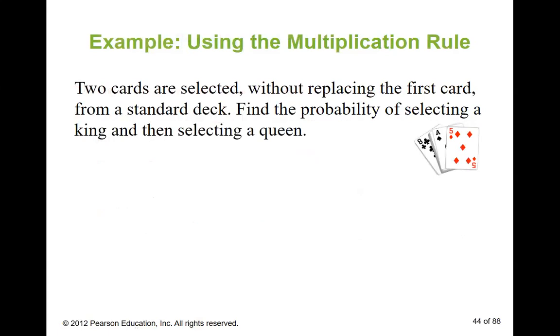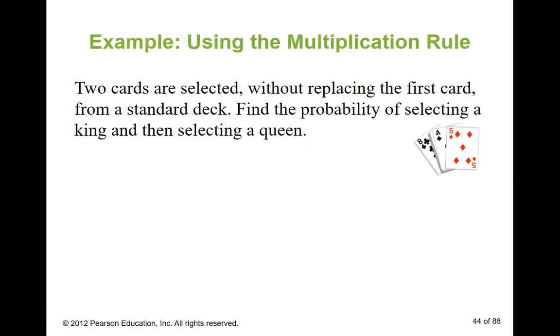So 2 cards are selected without replacing the first card from a standard deck. Can you get the probability of selecting a king and then selecting a queen? We already did the preliminary work for that on the very first thing on this set of notes. Because what was the probability that out of a complete deck of cards, I draw a king? 4 out of 52. If I'm holding the king in my hand, because it says I'm not going to replace it, what's the probability the next card was a queen? And what am I supposed to do with those 2 probabilities?